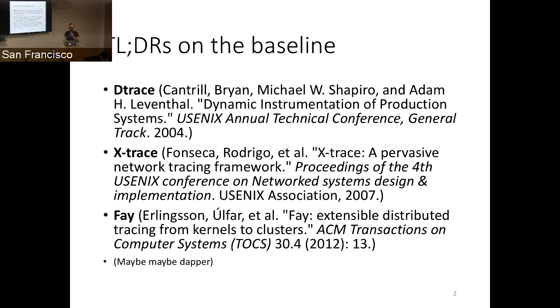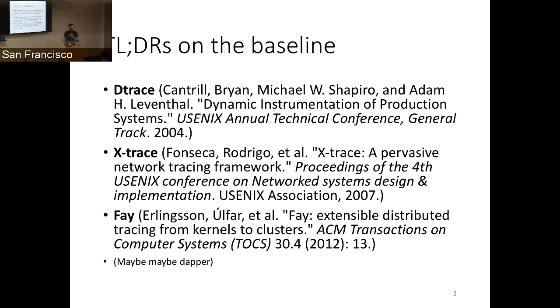Then there's XTrace, which is a different type of tracing. XTrace was one of the first academic papers to really go into distributed tracing in detail. It's not the first, but one of the first, and probably the closest ancestor of pivot tracing in terms of their data model.